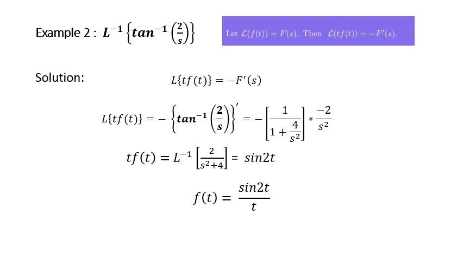Minus minus cancel. Take LCM and simplify. You will get 2 by (s square plus 4). Now take inverse transform. So t into f of t is L inverse of 2 by (s square plus 4). Now 2 by (s square plus 4) is in the standard form, that is sine 2t. So f of t is sine 2t by t.